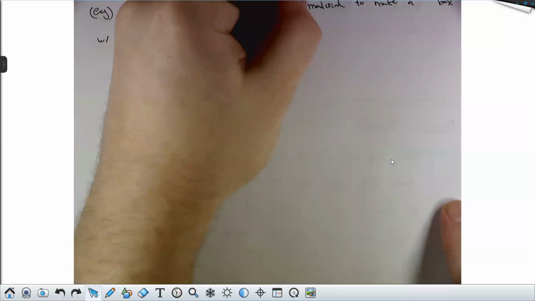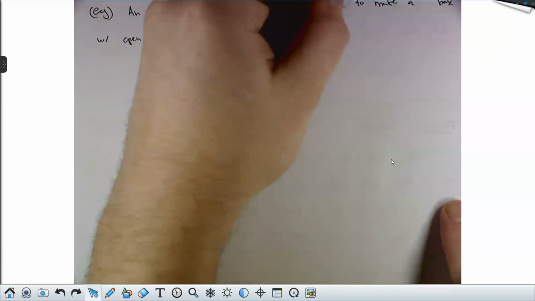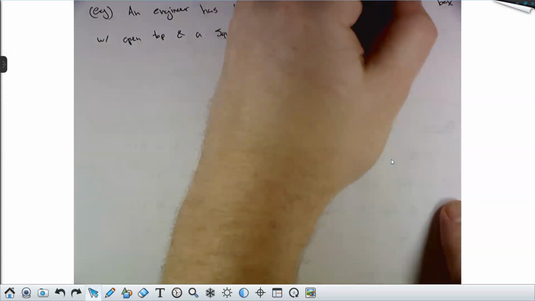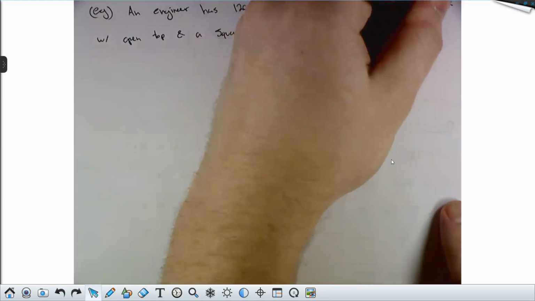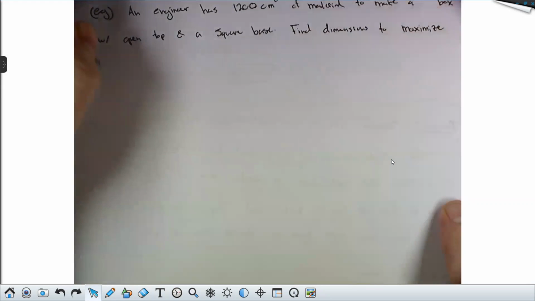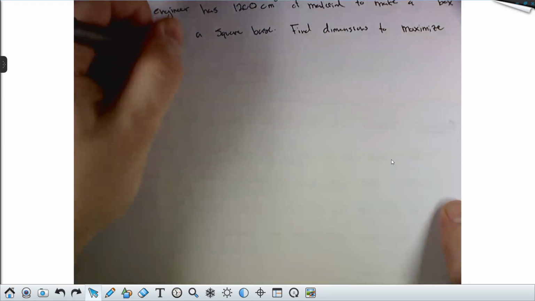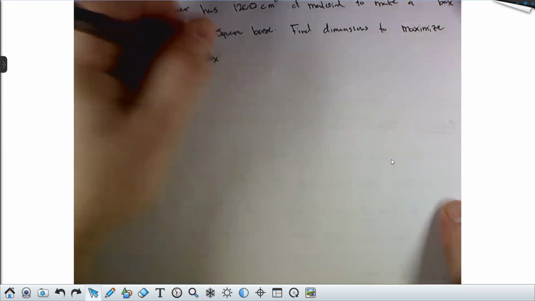Same sort of thing, we want to find the dimensions to maximize the volume of the box.